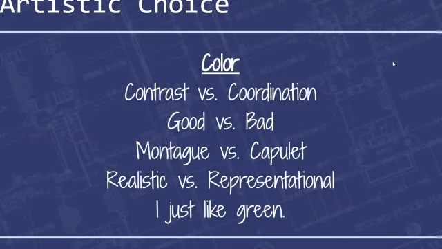You're also looking at realistic versus representational. By that I mean, if your set is in a real location, do you paint the set to look like real brick or stone or whatever, or is it more cartoon-like?